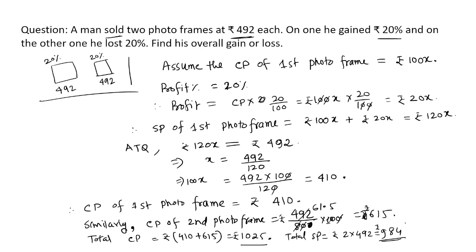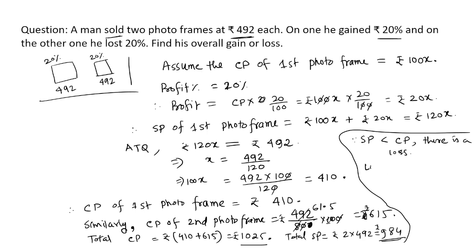Okay, so let me continue here. SP is less than the CP and there is a loss. So what is the amount of loss? The ultimate loss equals rupees 1025 minus 984, that is rupees 41.